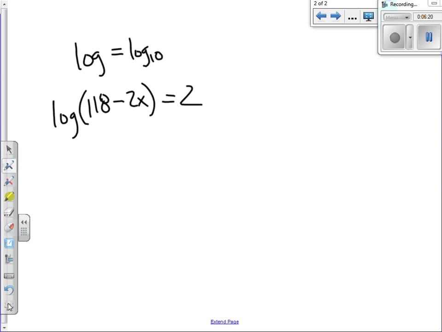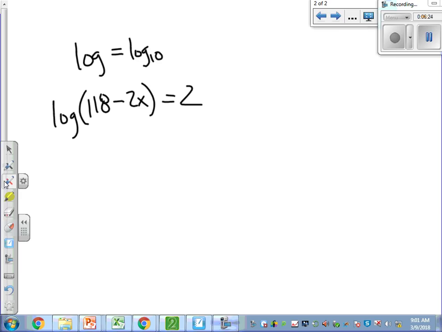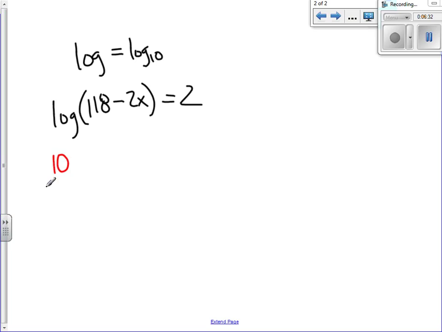Now then, how are we going to unlock where our x is? We need to get rid of our log base 10 thing that's blocking our x. So to unblock it, we're going to rewrite both sides using 10. 10 to this log 118 minus 2x equals 10 to the second.